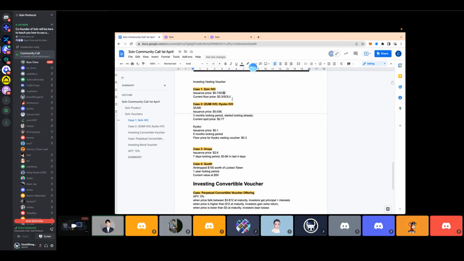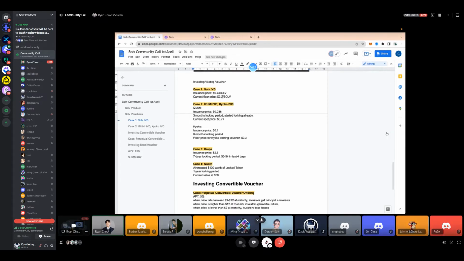There's a typo here. And all the participants who purchased the Solv voucher successfully, how much can they earn now? Actually, they have earned 5x, because the current floor price of the Solv vesting tokens is already $3.3.